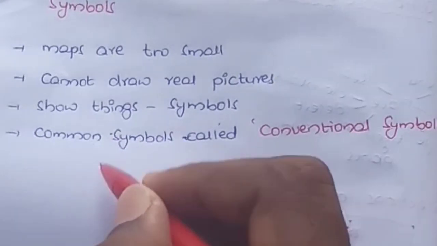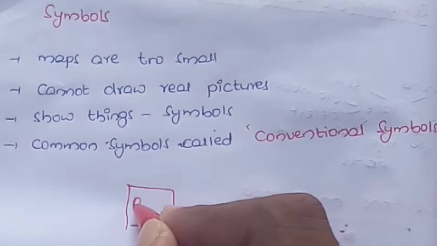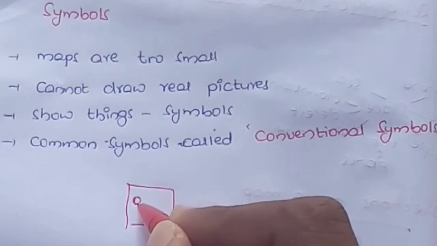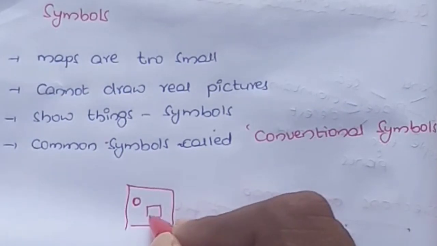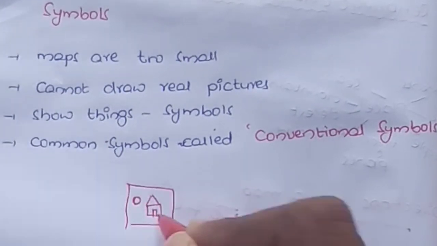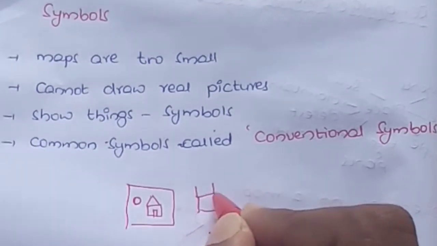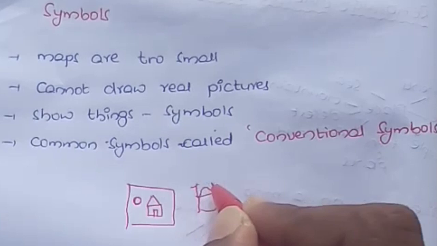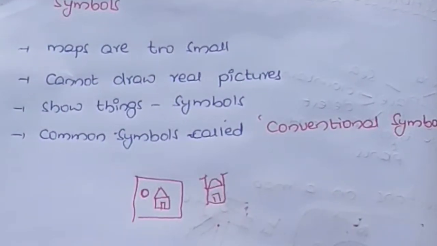For example, take the example of any map. If you want to show a well, instead of drawing the well, we use the symbol of a well, or sometimes we use a symbol like a house. So this becomes a house symbol, and sometimes a mosque symbol also will be mentioned. So this is the mosque symbol. This is the way symbols will be mentioned on a map.